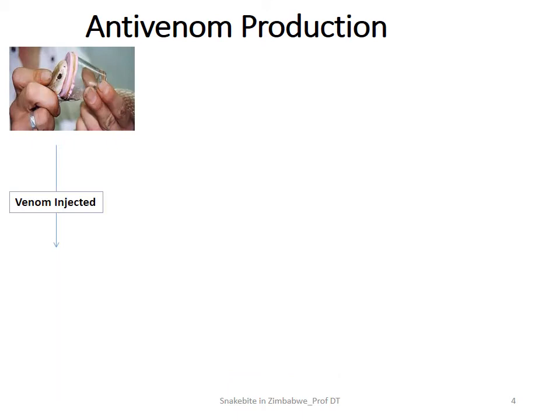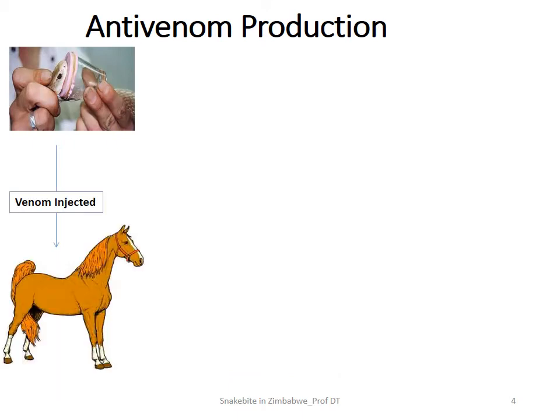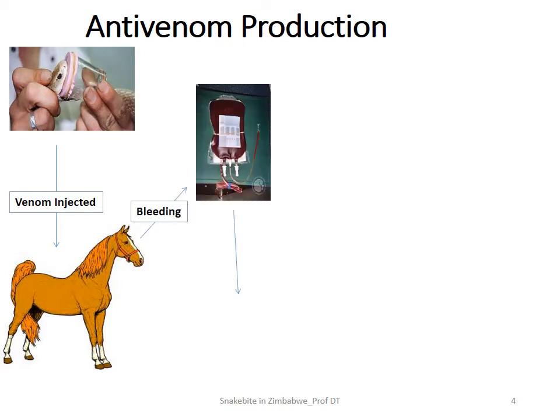So just quickly, with regards to how antivenom is produced. You get the snake or the snakes of interest, and the venom is collected. Once the venom is collected, it is injected into a large animal. So it's diluted concentrations of the venom, and then the horse or the animal will produce antibodies.